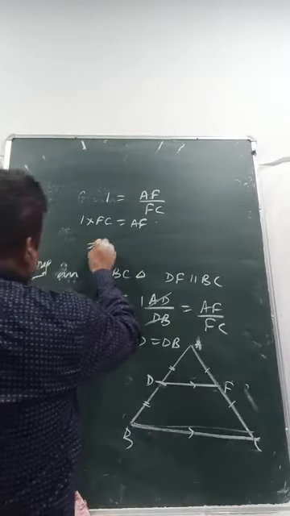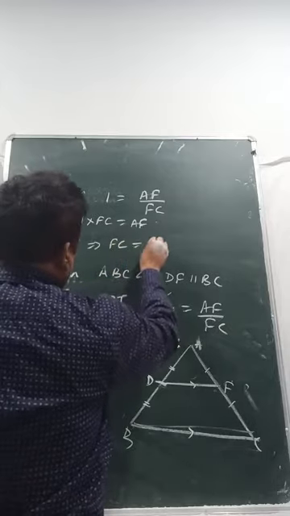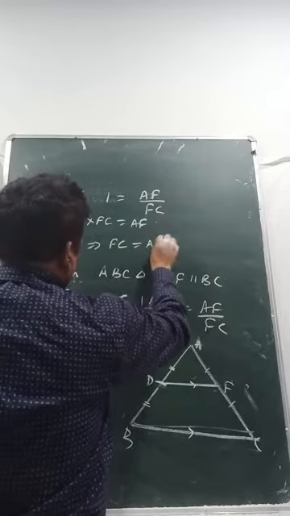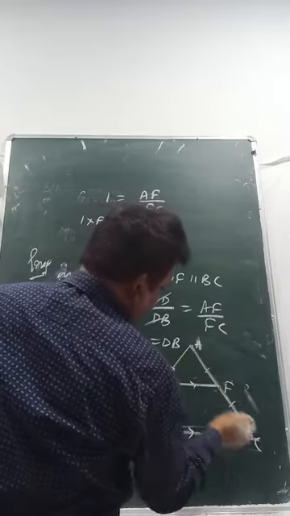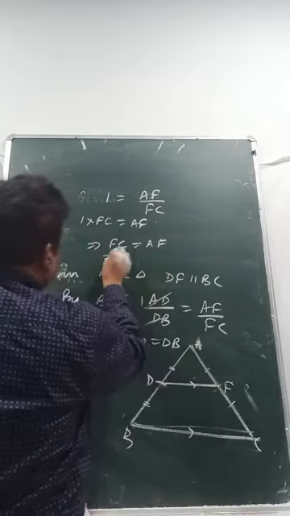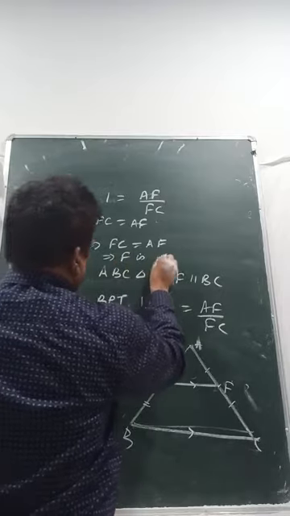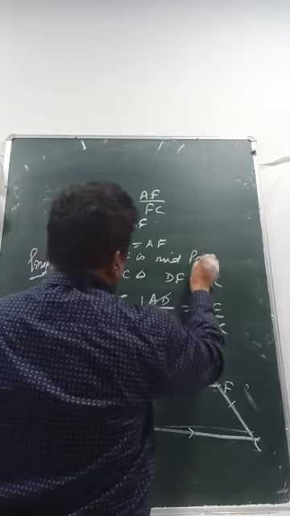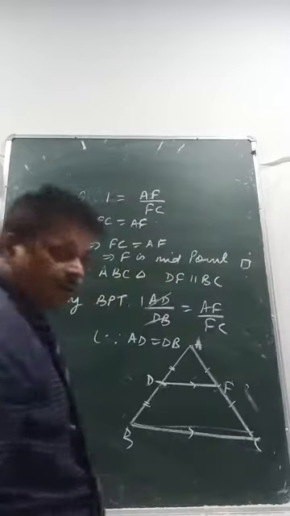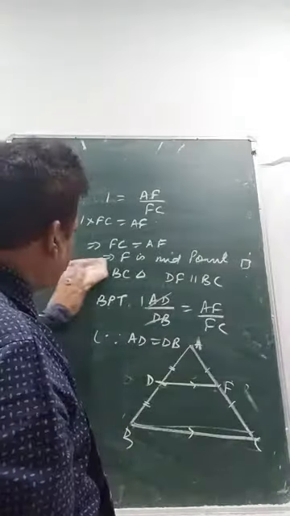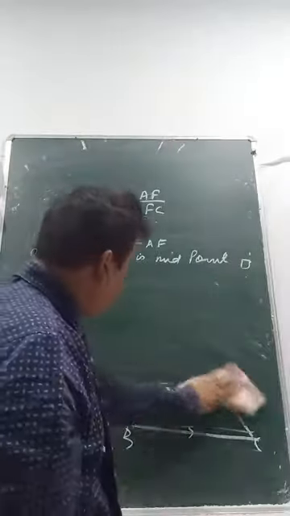So this implies FC equals AF. Means AF equals FC, so F is the midpoint. Proved. Simple. Only the concept should be clear.